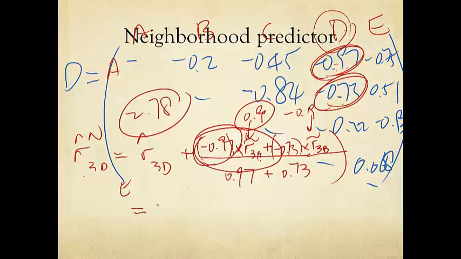This therefore happens to be 2.35. In other words, the net effect of the neighborhood help is to reduce the prediction from 2.78 to 2.35.